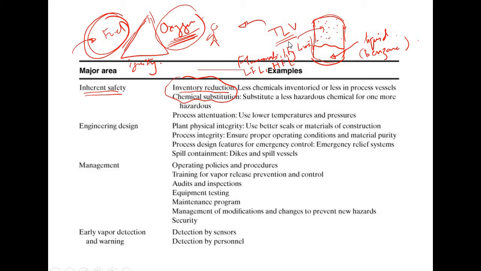Talking about both the threshold limit value and the flammability limits, of course you will have some other things that you also need within your design process, to have better safety, better engineering design, and better management for every process: for audits, for equipment testing, for maintenance programs.